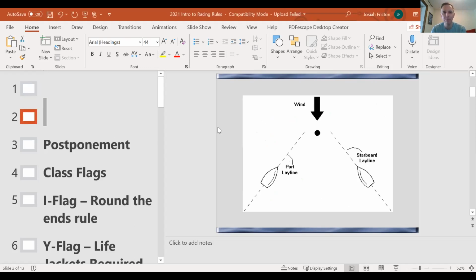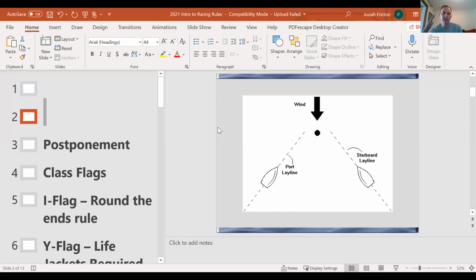One other point that I just want to talk about here is ley lines. I'll be talking about ley lines as we get into some of the animations. Just so everyone is clear, a ley line is an imaginary line that goes into a mark, typically a windward mark, but they also apply to leeward marks too.